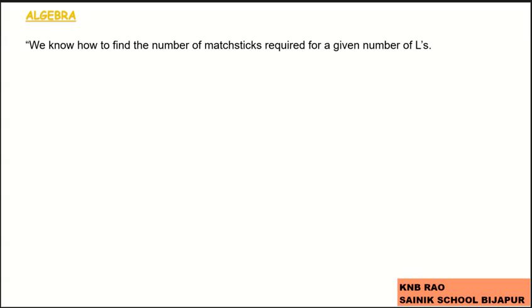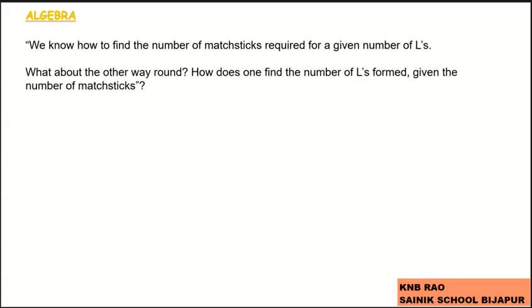What about the other way around? How does one find the number of L's formed for the given number of matchsticks? For example, how many L's are formed if the number of matchsticks given is 10?